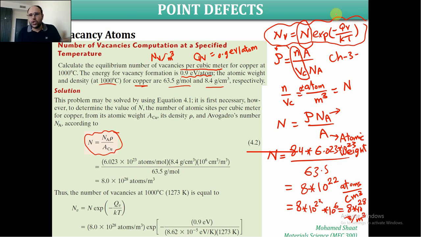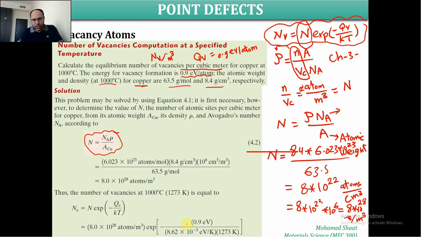Now the objective is just to plug in the other data. NV, the number of vacant atoms, equals N that we just calculated, times the exponential of the negative QV, the activation energy needed to create a vacant atom, which is given as 0.9 eV per atom.